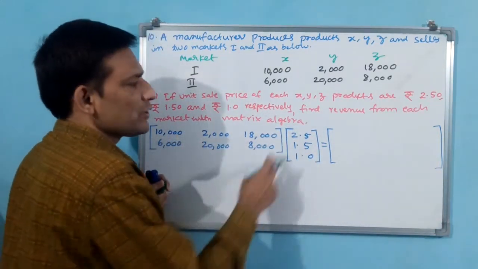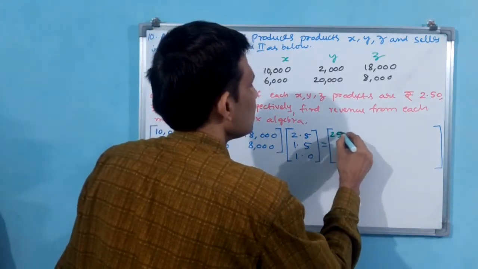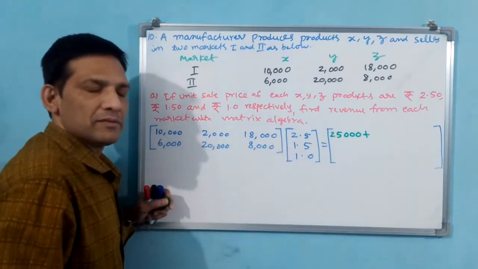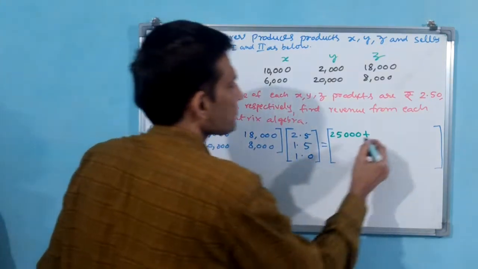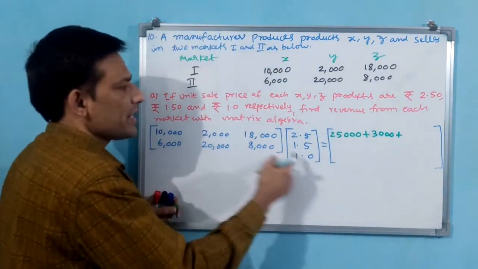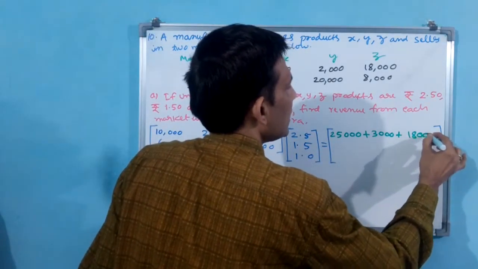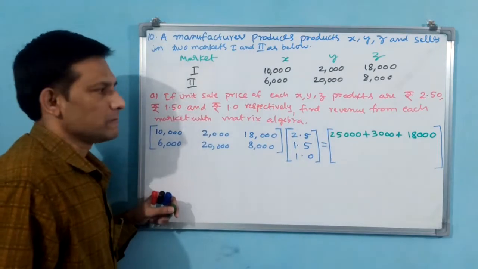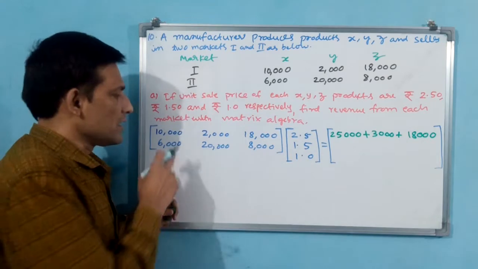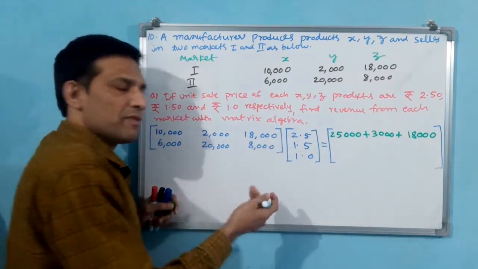Let us do 10,000 into 2.5, 25,000, plus 2,000 into 1.5, 3,000, plus 18,000 into 1, 18,000 only. Next, the second row: 6,000 into 2.5, 15,000. Why? 6 into 2 is 12, plus half of 6 is 3, 12 plus 3, 15.